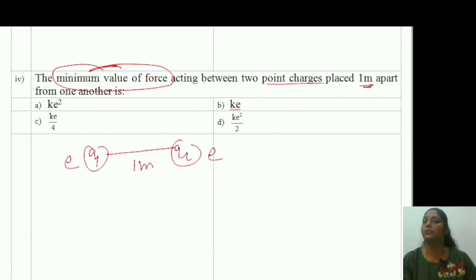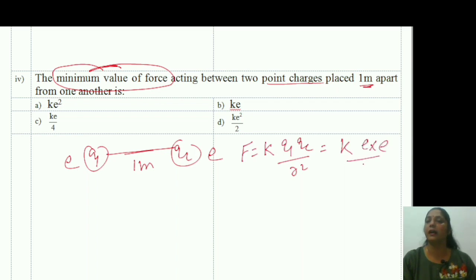So both charges are electrons, and the distance between them is 1 meter. Force is K Q1 Q2 by R square. Q1 is E, Q2 is also E, so E into E by 1 meter square. This becomes K E square.